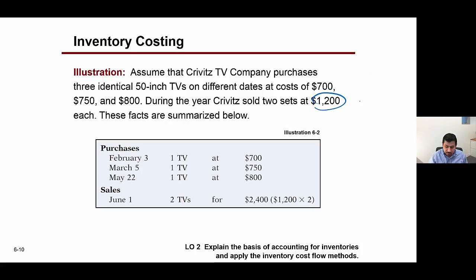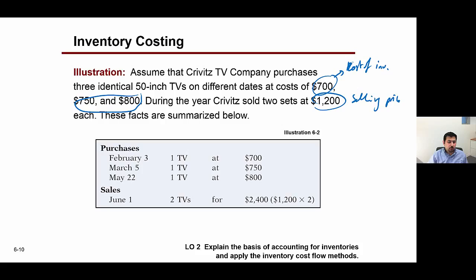Now this is the selling price. Keep in mind that the selling price is not involved in calculating the cost of goods sold. It's the purchase price that is involved in the cost of goods sold. This is the cost of inventory. Those are also the cost of inventory.